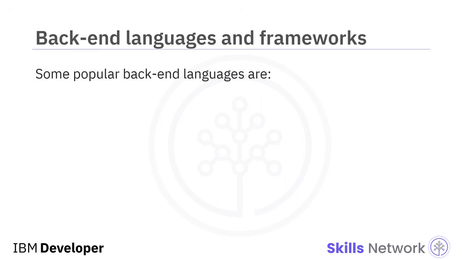Among the most popular languages today is JavaScript, which was originally designed to run in web browsers, adding extra interactivity and dynamic content to web pages. JavaScript is also being used on the back end, with new releases adding server-side functionality. JavaScript has many frameworks, but two of the most well-known are Node.js and Express.